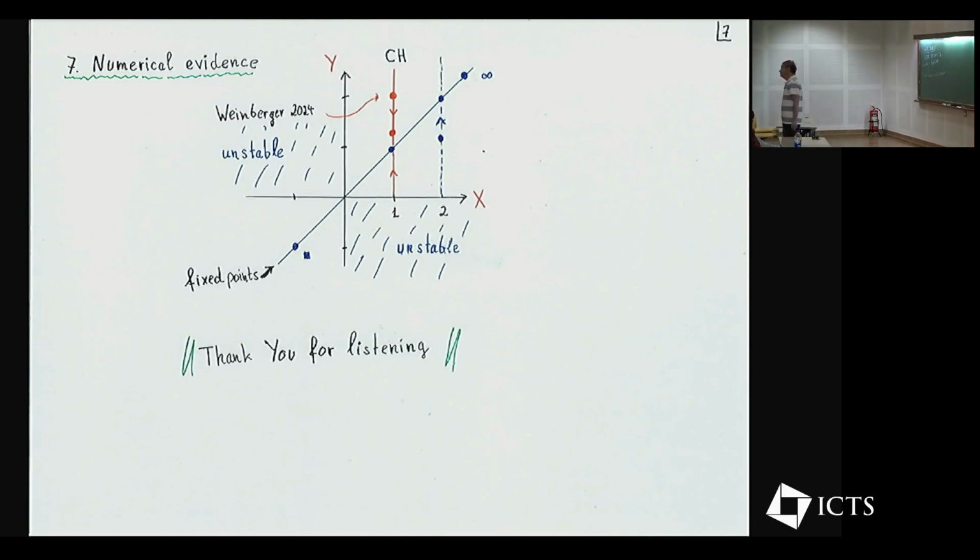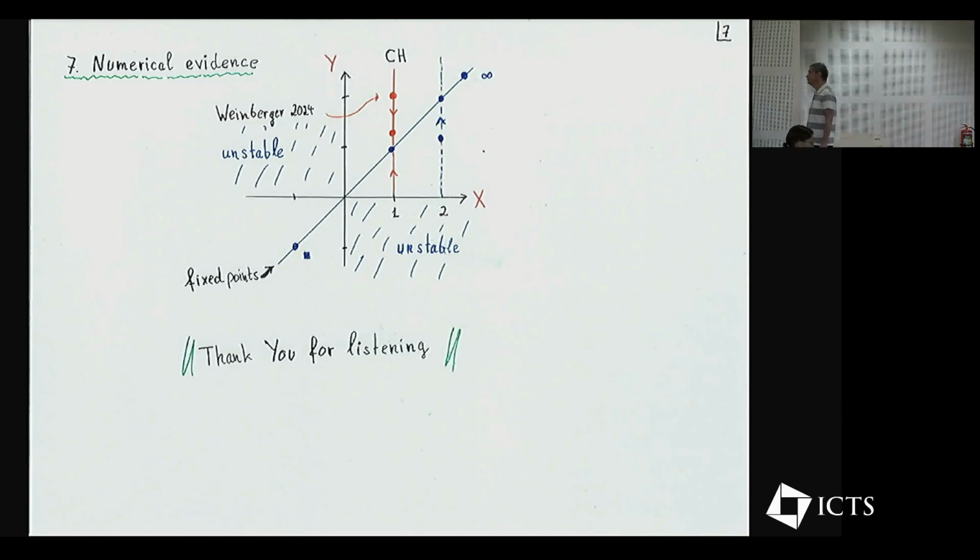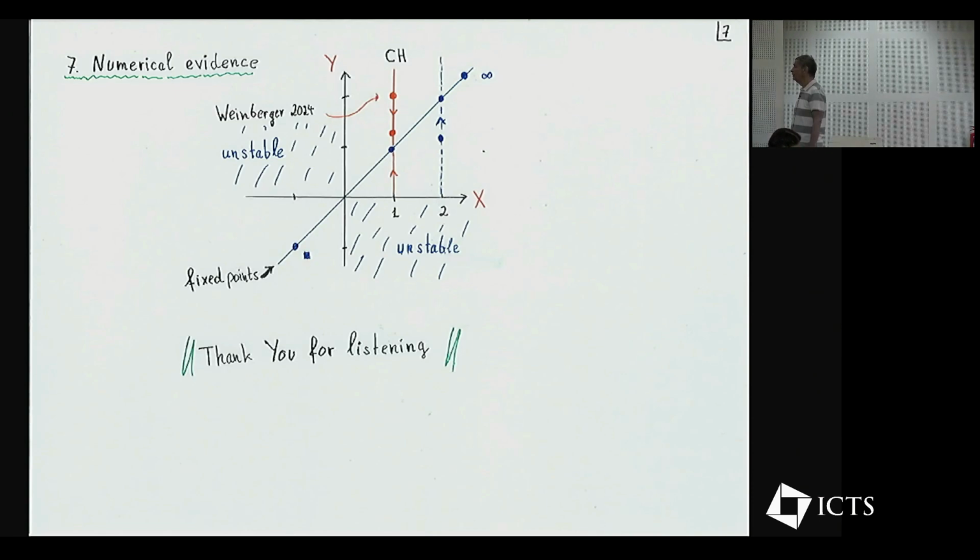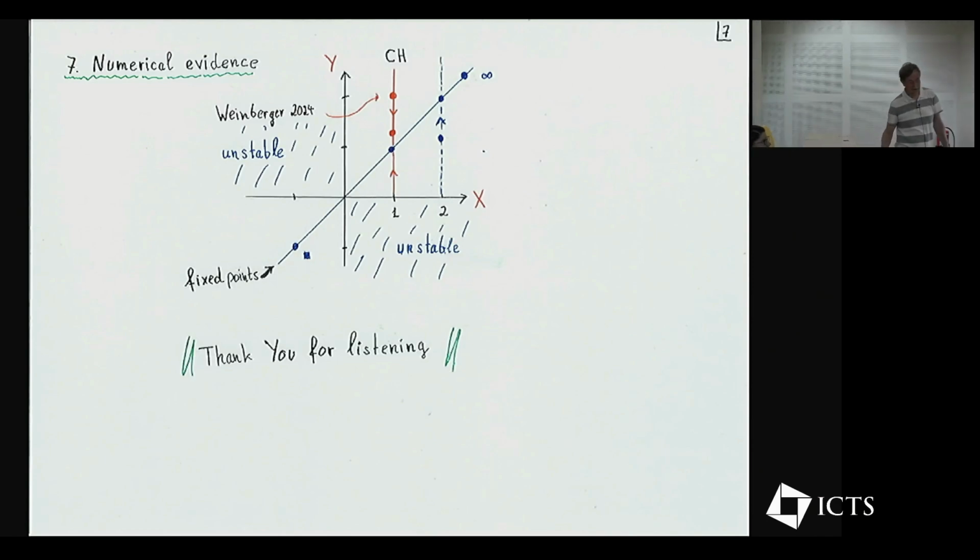If I understand well, numerically you see that on the Cole-Hopf line, fluctuation dissipation is restored, right? Correct, yes. But if you move outside, it seems stuck. You don't see flowing to the fluctuation dissipation. No, let's see.